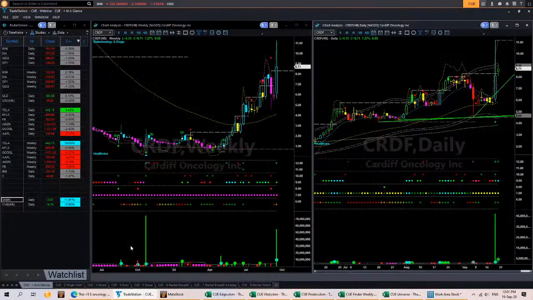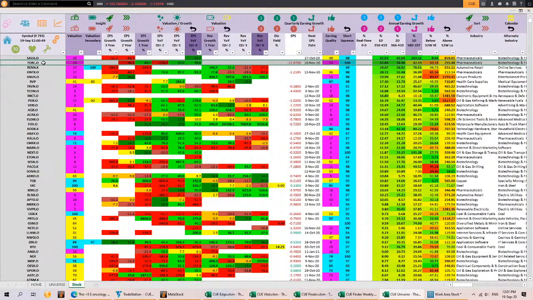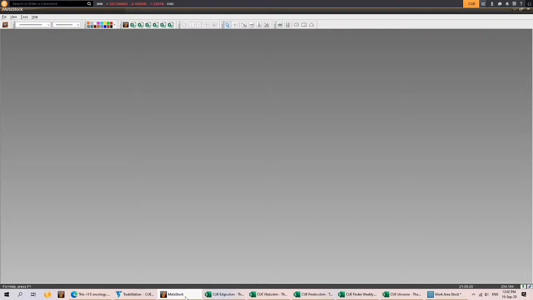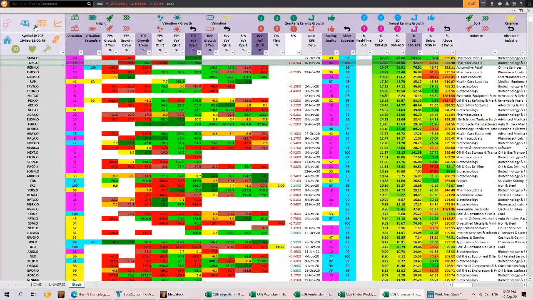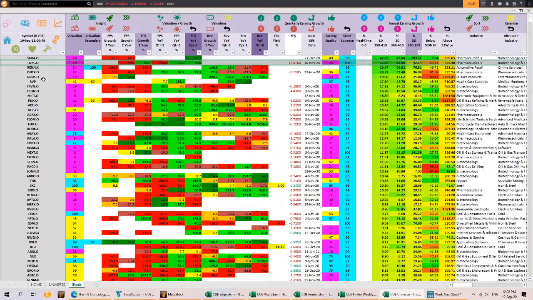TORC. No, not TORC. Okay, let me try to open it with my desktop. Okay, click the grid button so I can get the symbol properly and type it here. No, what happened? TORC.